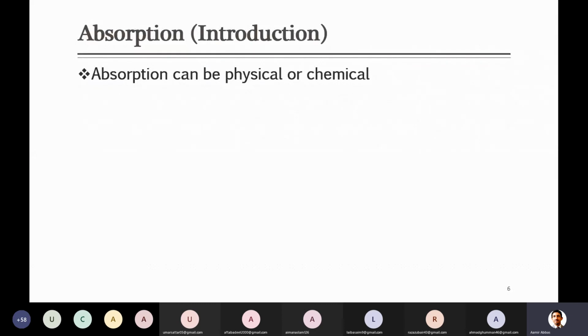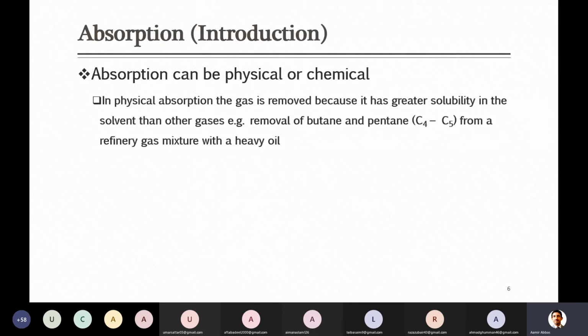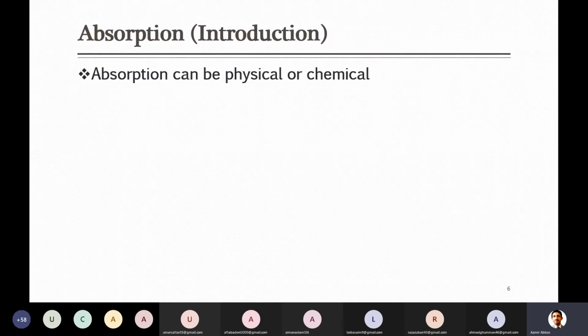So absorption can be of both types, physical as well as chemical. In case of physical absorption, what does this physical absorption mean? No chemical reaction takes place, and the species get absorbed with the help of weak bonding forces.